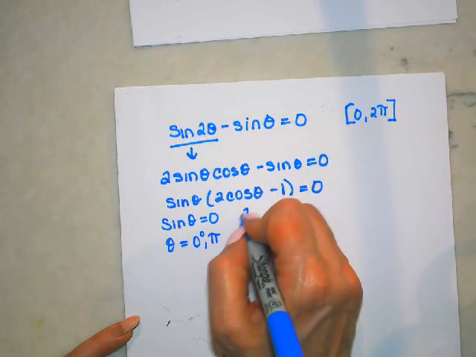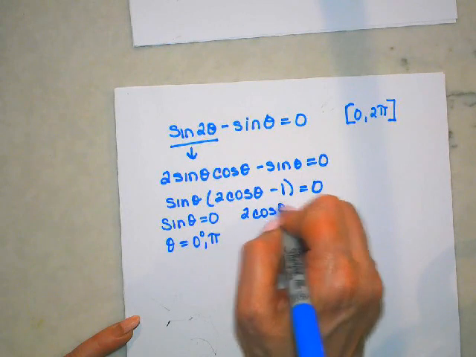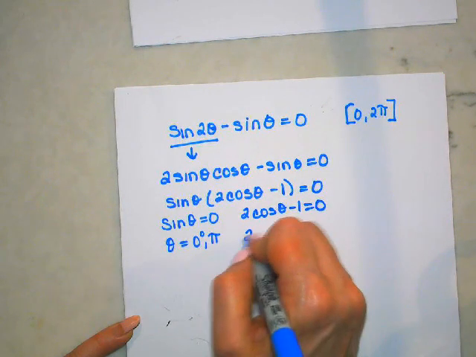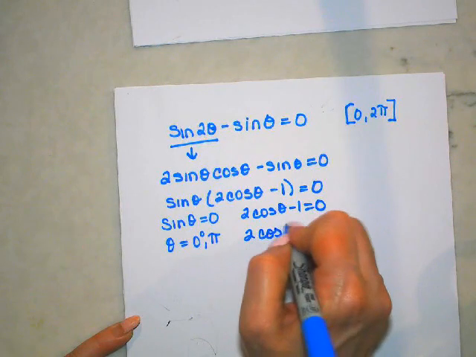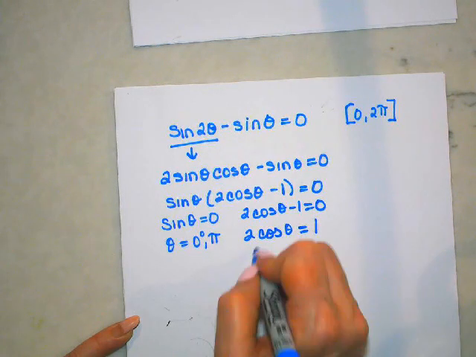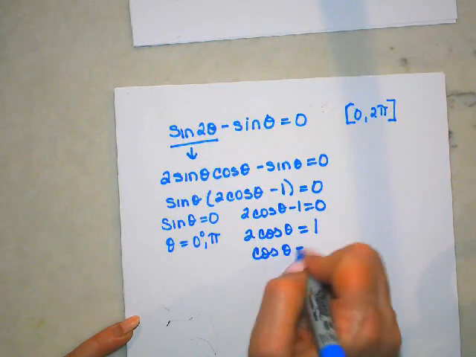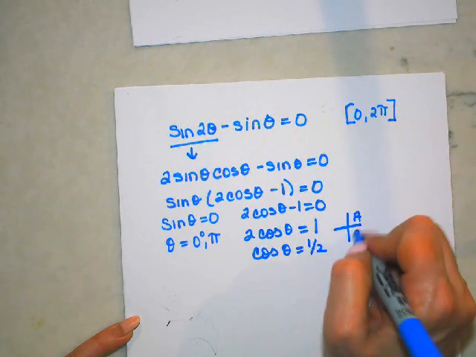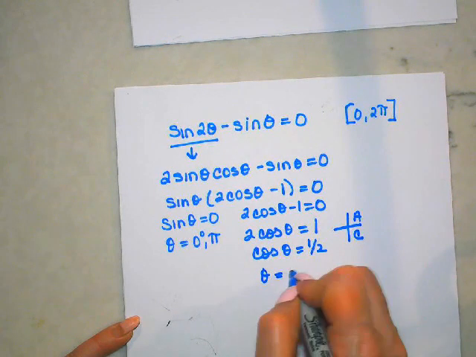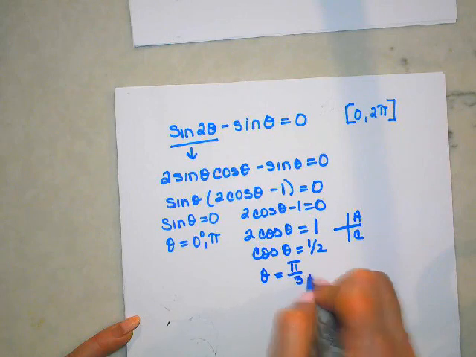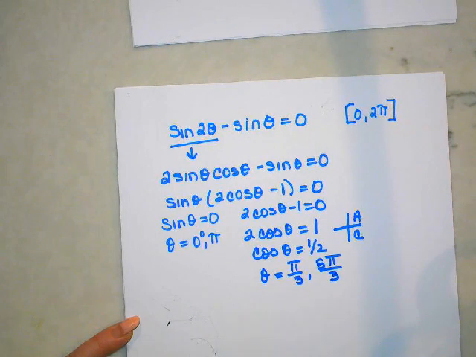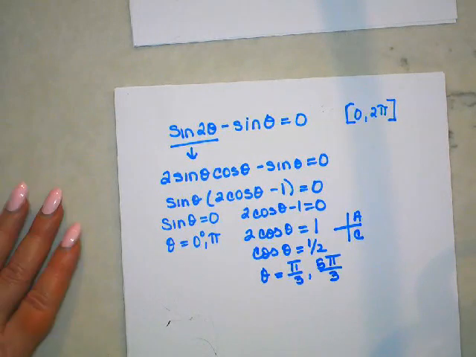And 2 cosine theta minus 1 equals 0, so 2 cosine theta equals 1, cosine theta equals 1/2. Cosine is positive here and here, so theta is going to be pi over 3 and 5 pi over 3. I hope these values are coming to you a little more easily now.